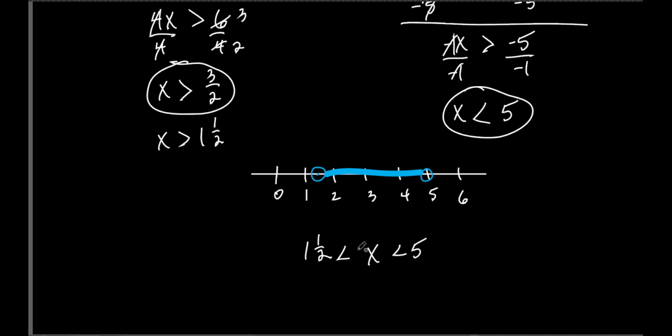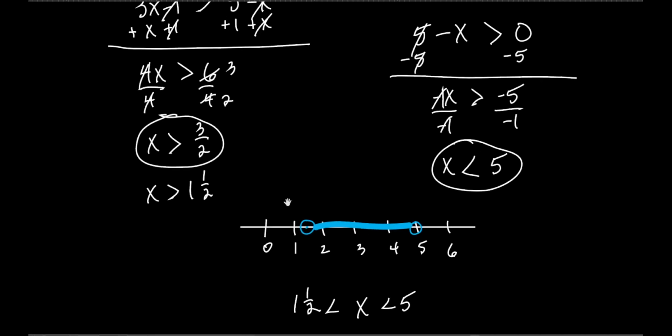It's kind of weird looking, but that's how we write in between, because x is greater than 1.5 and it's less than 5. If I read it from right to left, x is greater than 1.5, and x is also less than 5. So x could be any number in between.